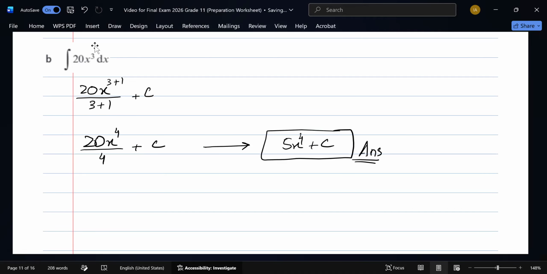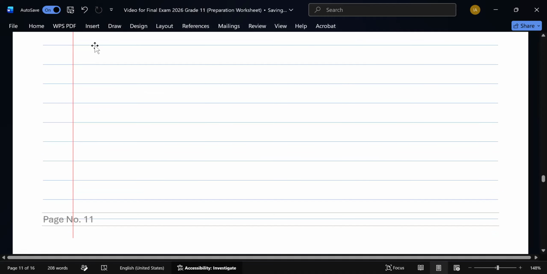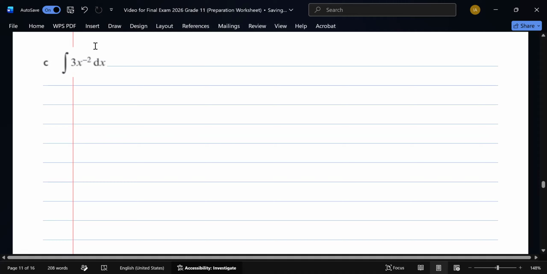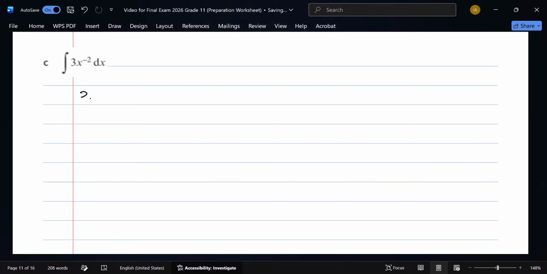Okay, let's take on the next one. In the next part, again we integrate x, not 3. 3 will remain the same and we will add 1 in the power and divide by the same power, and yes, the constant c must be added.